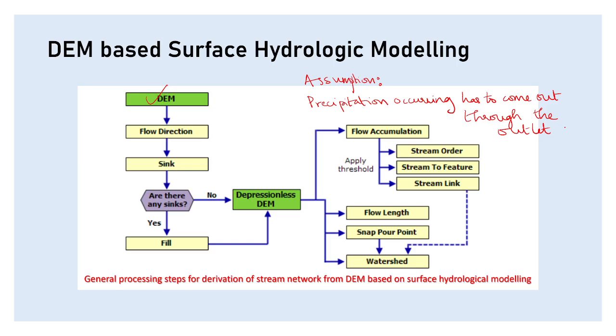Rather, it is only coming through the outlet of the drainage. So this is the only assumption that we are keeping, but it's quite a big assumption in surface hydrologic modeling. And as I said, the input that we are giving is the digital elevation model.